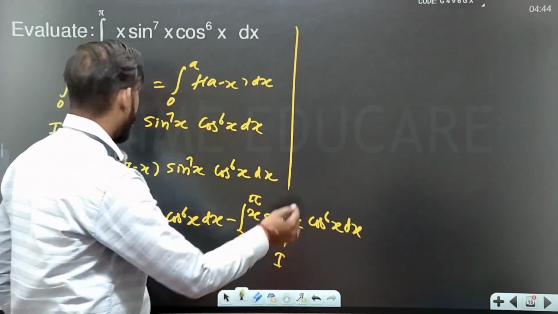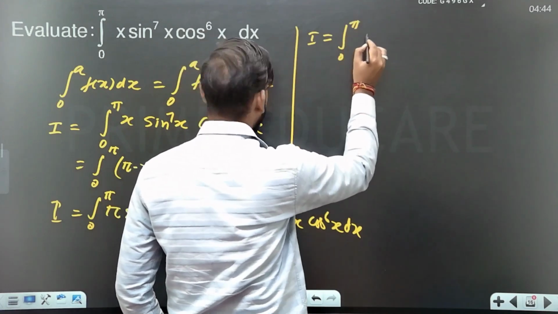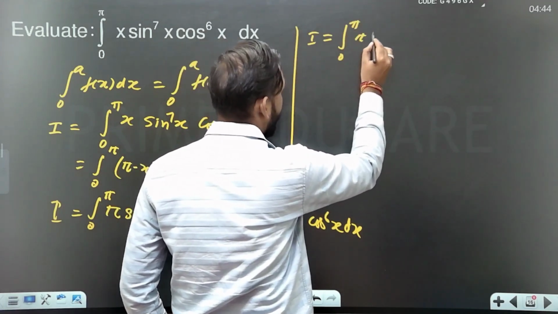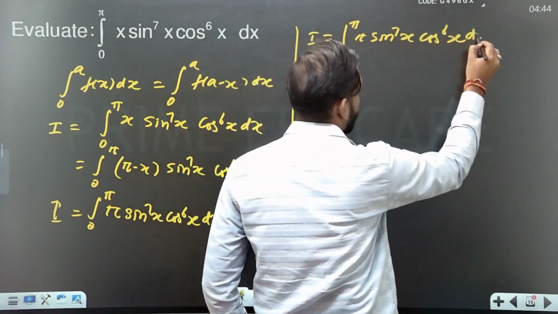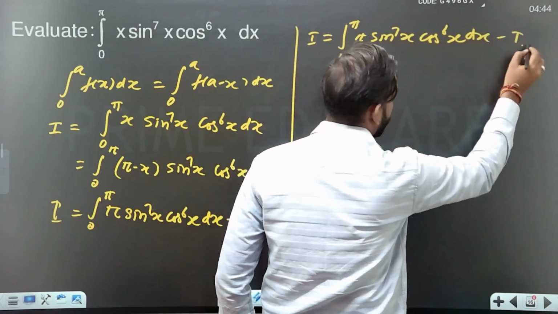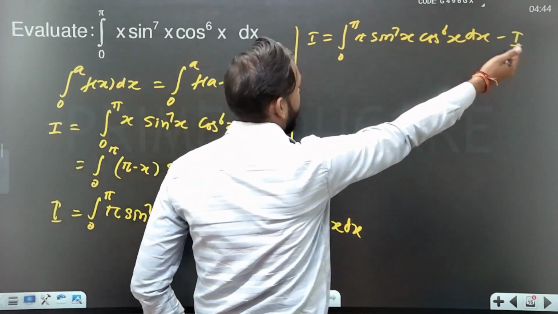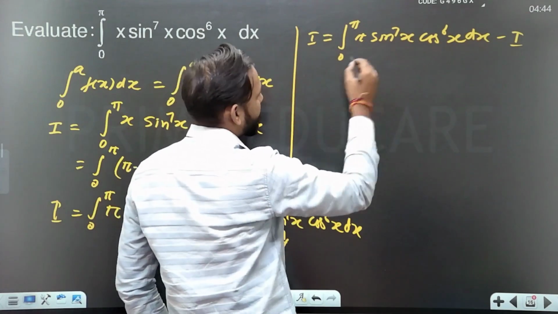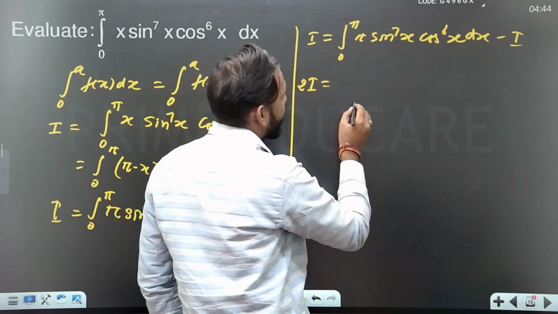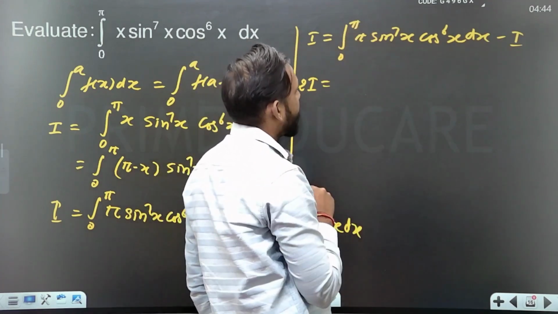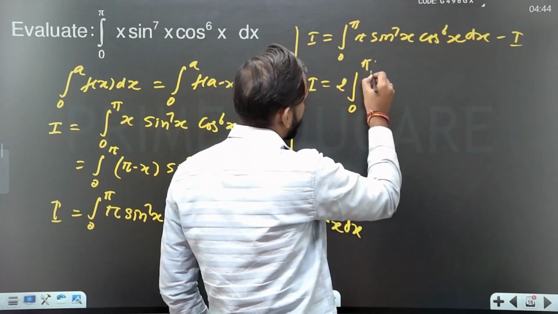Then we write I equal to the integral from 0 to pi of pi sine to the power 7x cos to the power 6x dx. Now, taking this side, I plus I will be 2I, and we can change the limit to 0 to pi by 2 by multiplying by 2.